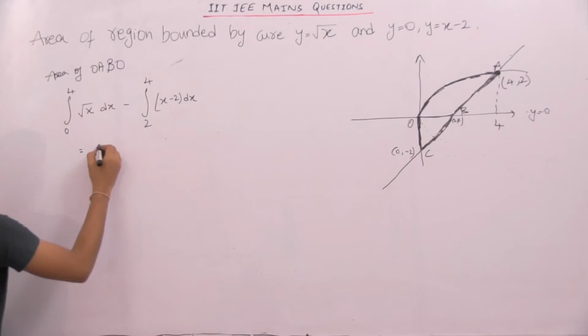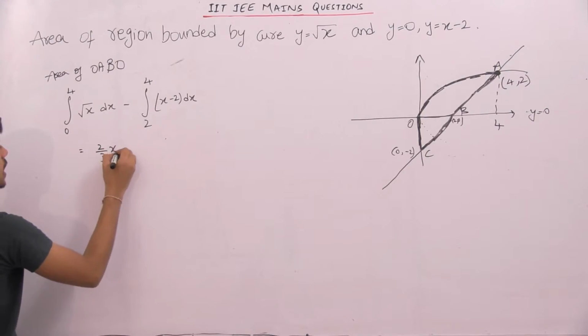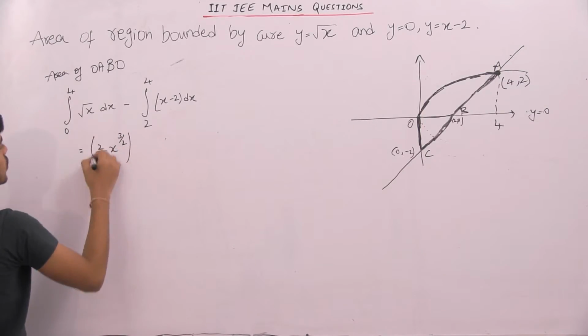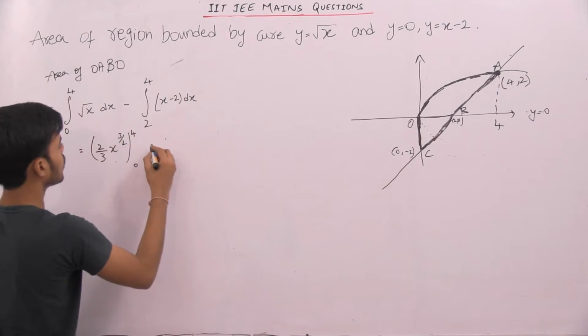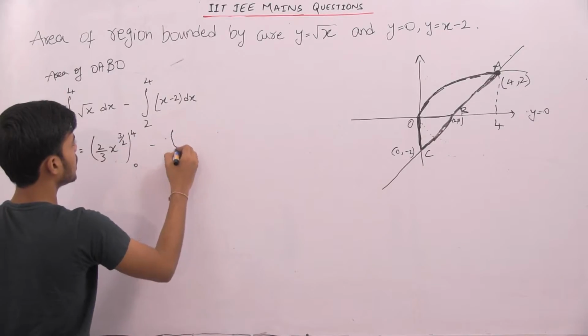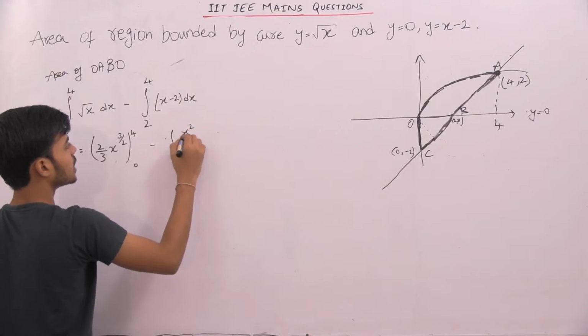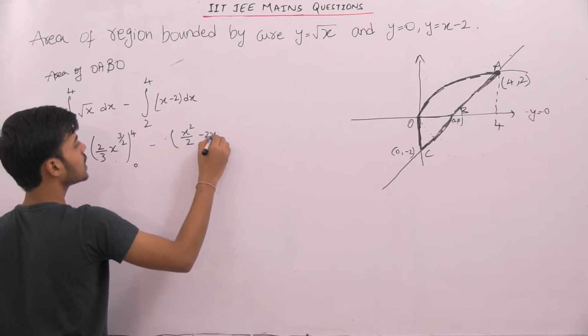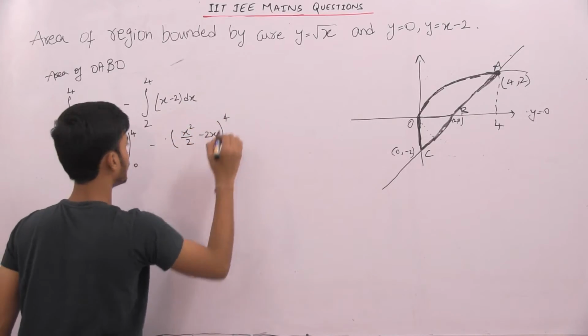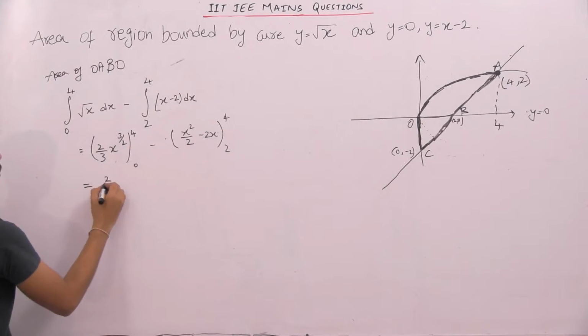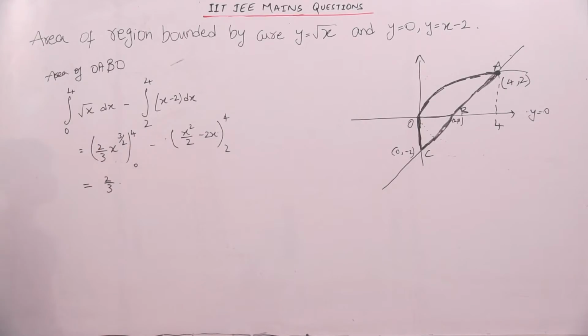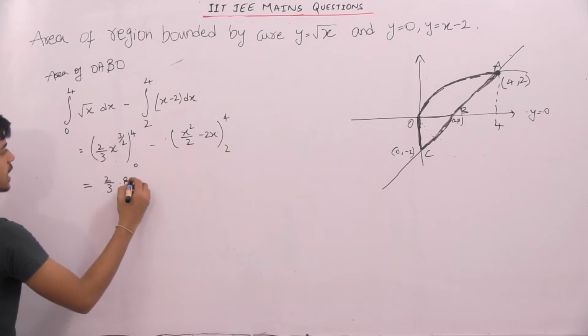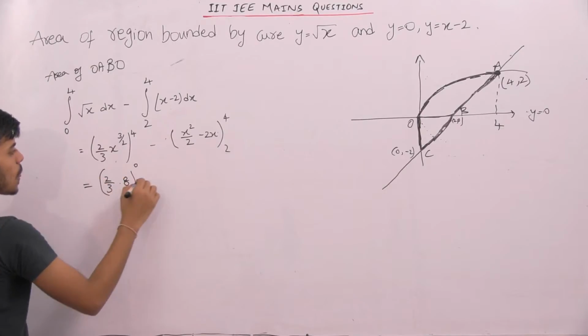The integral of root x is 2 by 3 x power 3 by 2 from 0 to 4, minus the integral of x minus 2, which is x square by 2 minus 2x from 2 to 4. Now for 2 by 3 x power 3 by 2, if we put 4 power 3 by 2, that is 2 cube, which is 8, so 2 by 3 times 8 is 16 by 3, minus 0.